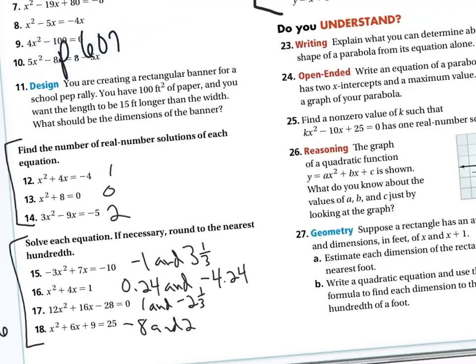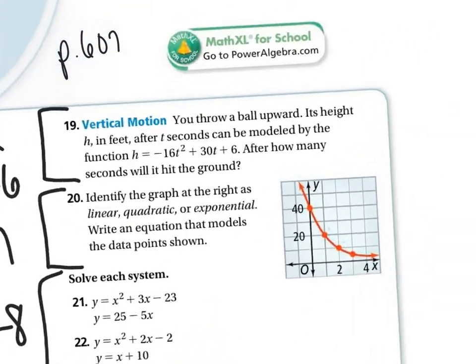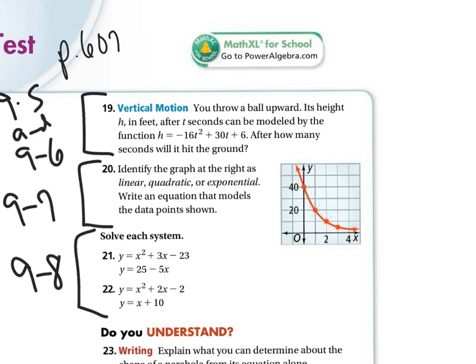And then if we go over to the other column here, number 19 is nearest hundredth 2.06 seconds. 20 would be exponential.